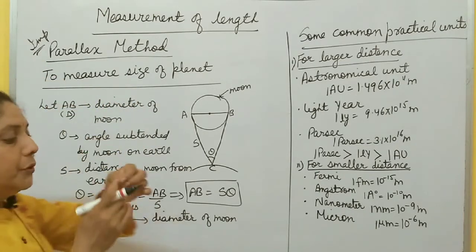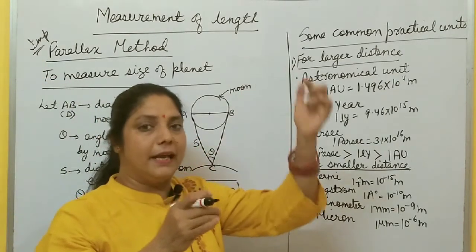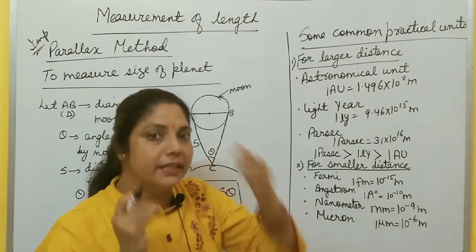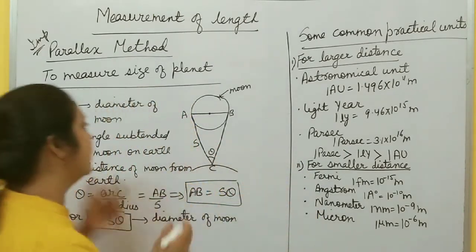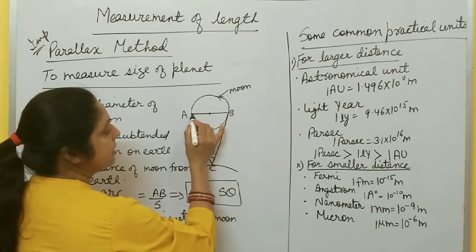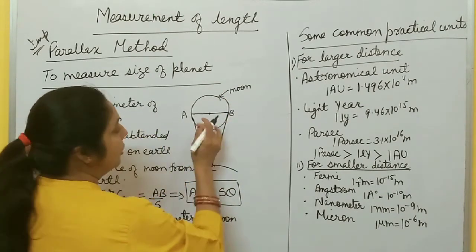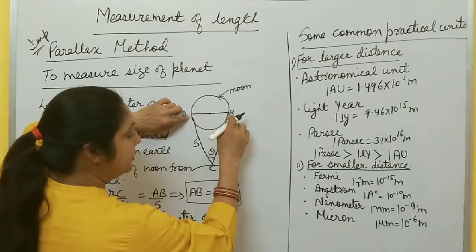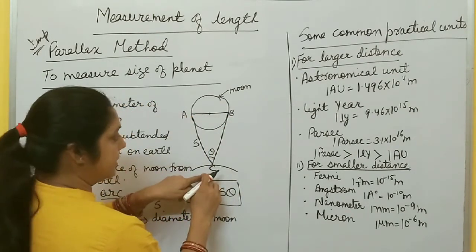So if you know the distance of the planet from the Earth's surface, you can easily find the size of the planet. Suppose this is a planet, here it is the moon, and this AB is the diameter of the moon. From the two points on the moon, you observe the Earth's surface, right?